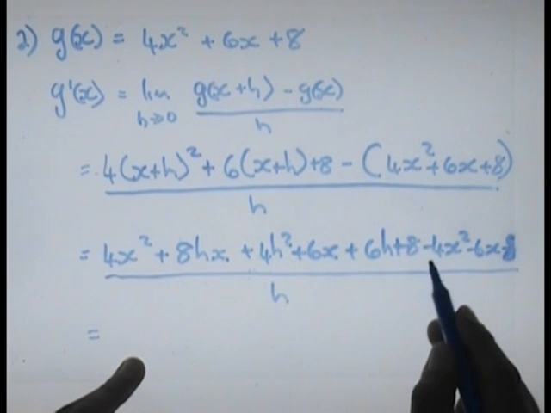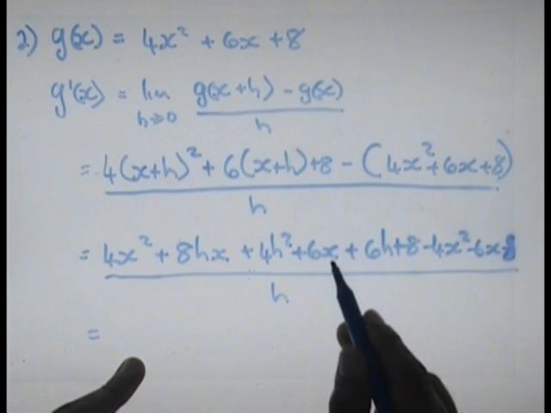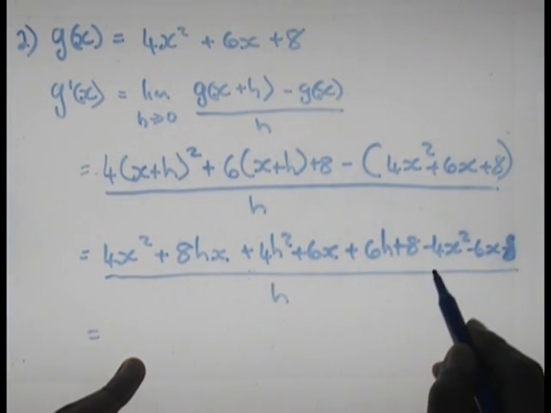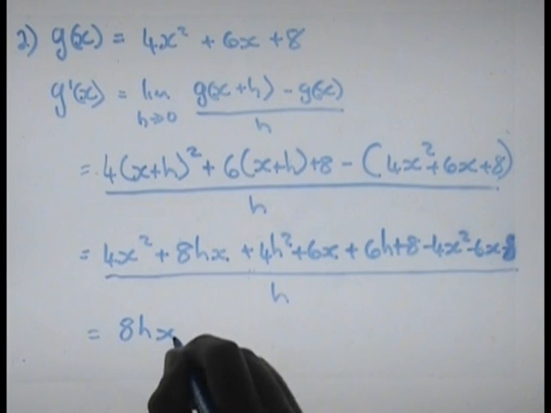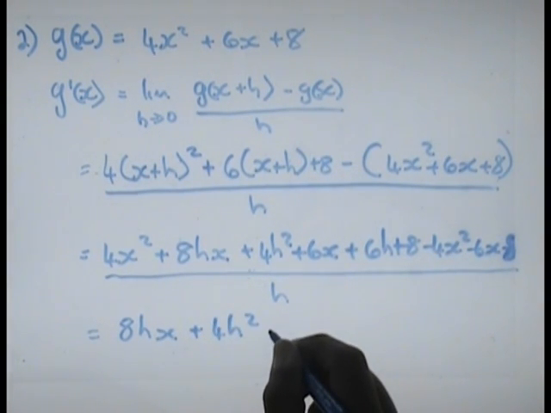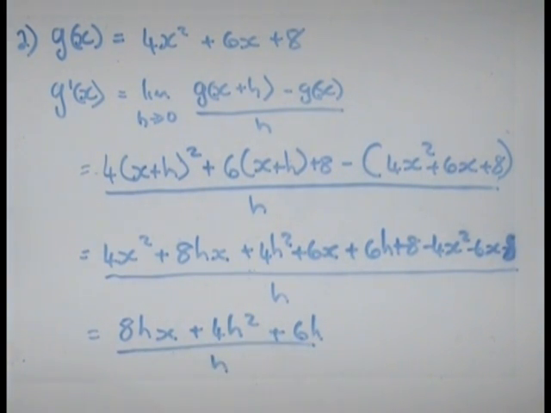Now 4x squared minus 4x squared cancels. Plus 6x minus 6x cancels. Plus 8 minus 8 cancels. That leaves us with 8hx plus 4h squared plus 6h, all of that divided by h.